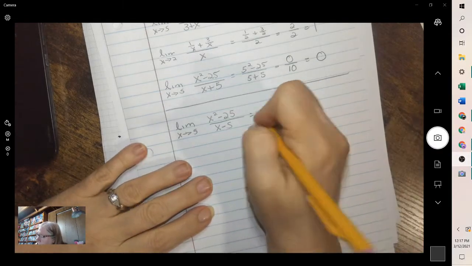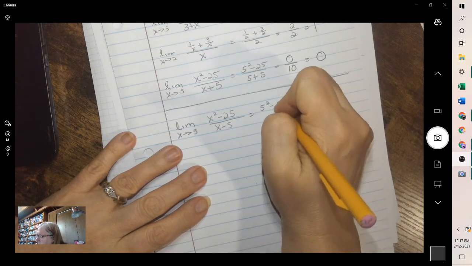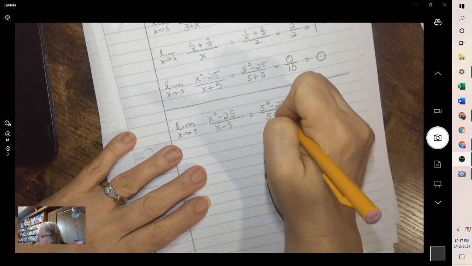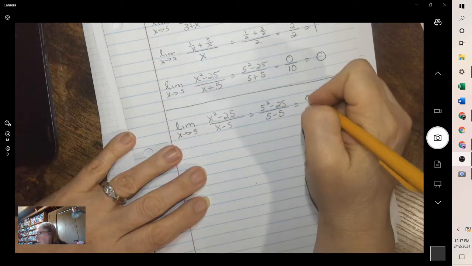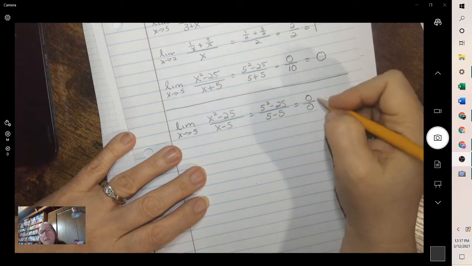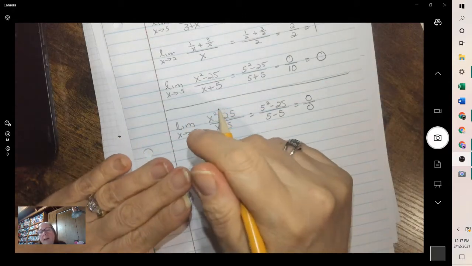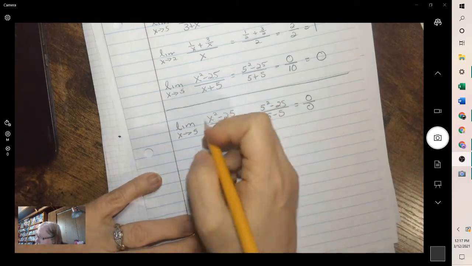Okay, when we have this and we plug it in, 25 minus 25 is 0, 5 minus 5 is 0. This is indeterminate. We need to go back and factor. Somehow it has to simplify, and in this case we can factor the top.